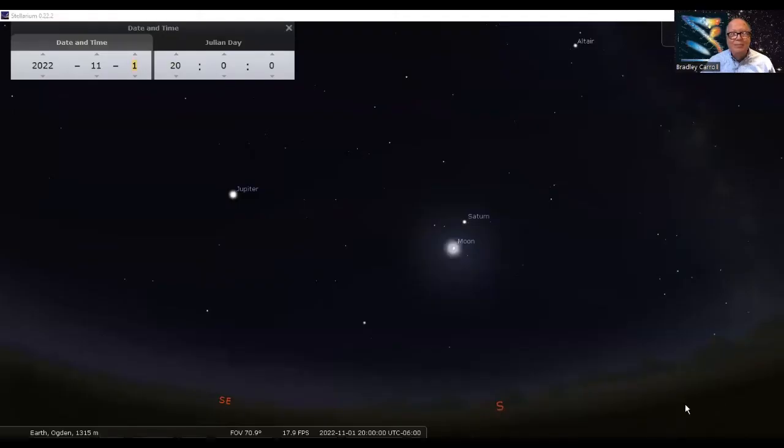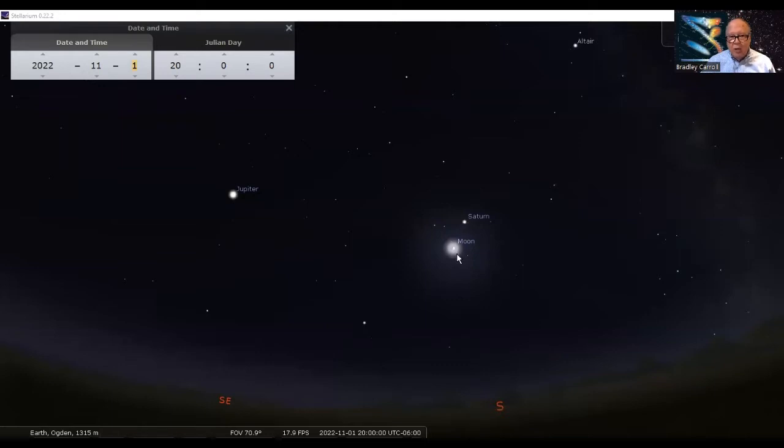And I think you can see that this is the 1st of November. So this is Tuesday, the 1st of November. That is the day of the first quarter moon. And on the day of the first quarter moon, it's going to be right below Saturn. Here I am out at about 8 o'clock looking south.